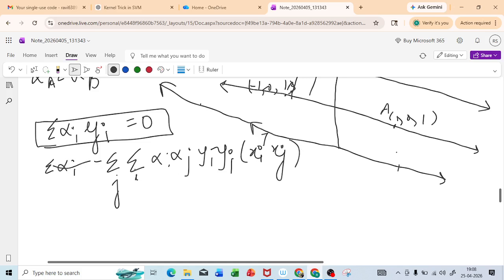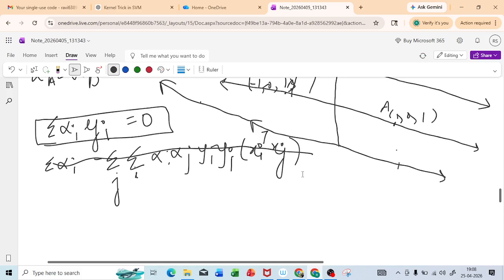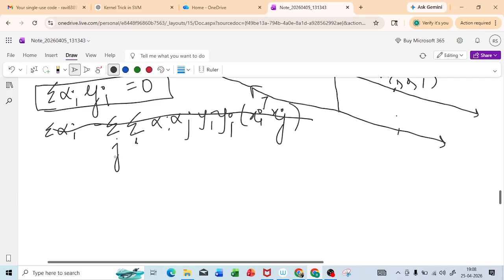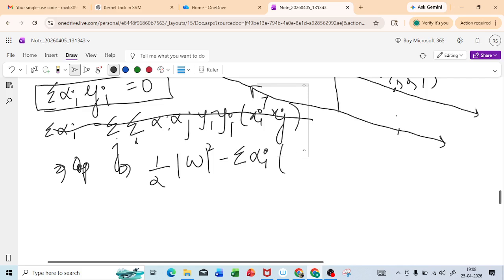Sorry, not this point. The original equation was something else, right? If I recollect it nicely, it was the Lagrangian: half of w squared minus summation of alpha i into (y i (w transpose x i plus b) minus 1).